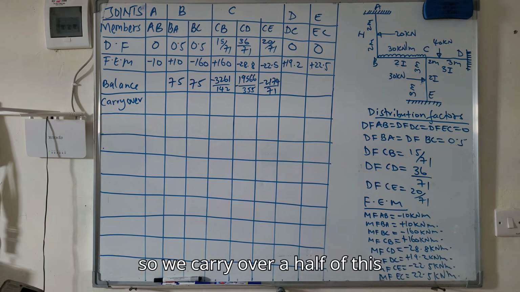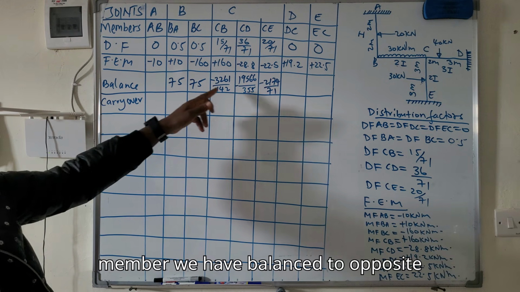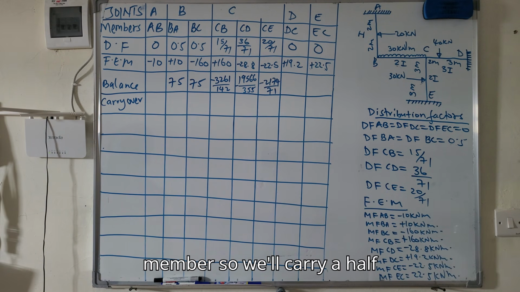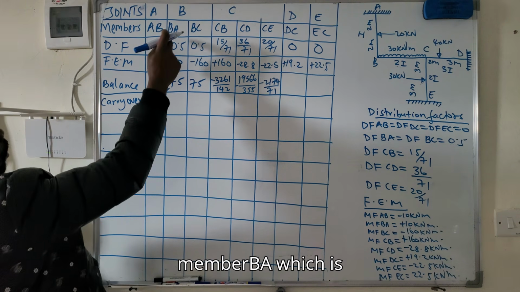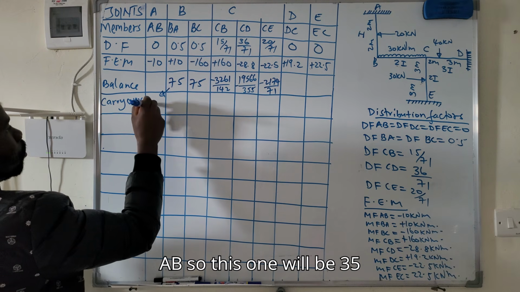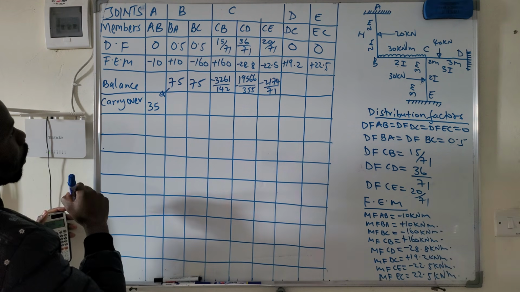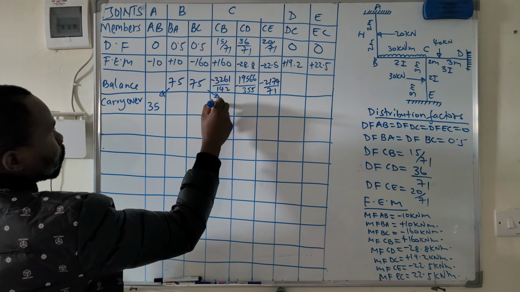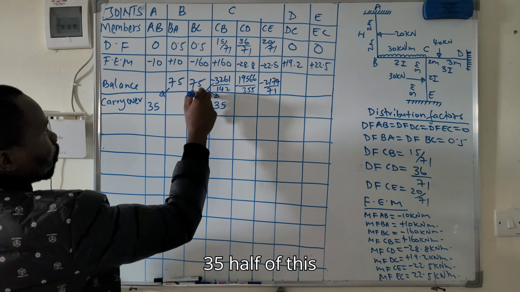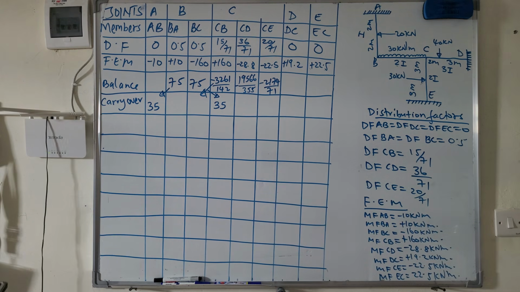So we carry over a half of this member we have balanced to the opposite member. So we'll carry a half of this to the opposite member, BA, which is AB. So this one will be that 5. Again, BC to CD, half of this. A half of this will be negative 32.61 divided by 142 times 0.5.